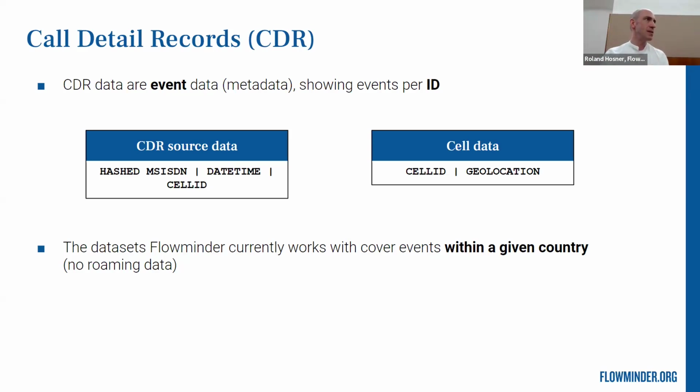Admin 2 or 3 areas is the level that we work on. And also important to mention here, we currently work with data that cover the country, the respective country, but no roaming data. So what we can assess is mobility and presence within the country.